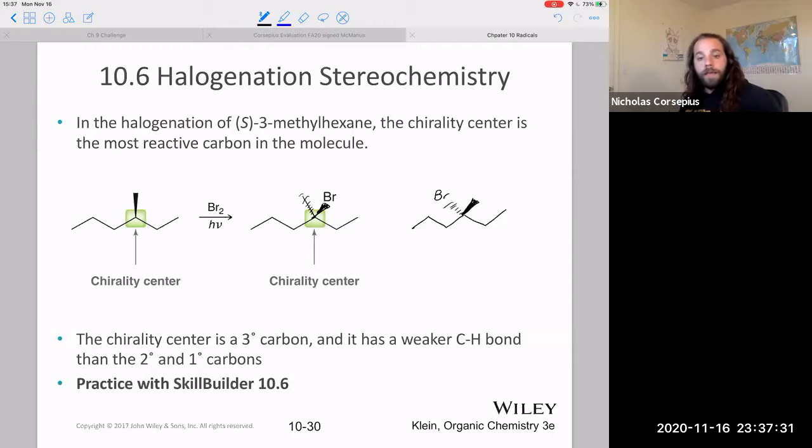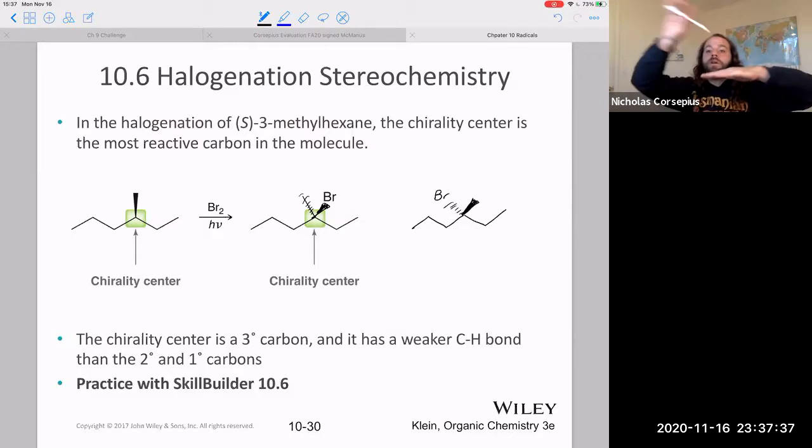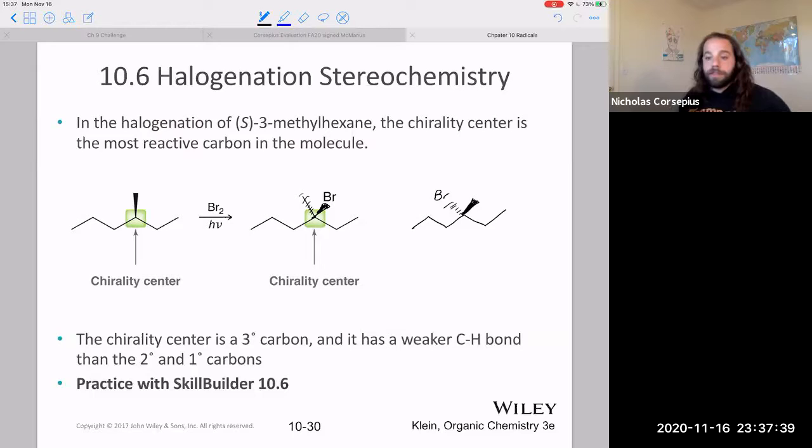You're always going to get that racemic mixture, again, because that radical, when it forms, is completely flat. So the incoming radical can attack from either side and does so without any sort of bias.